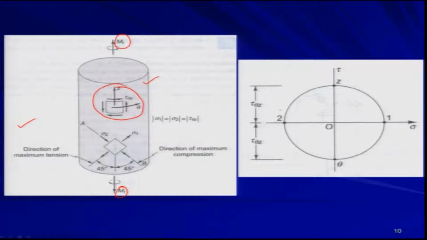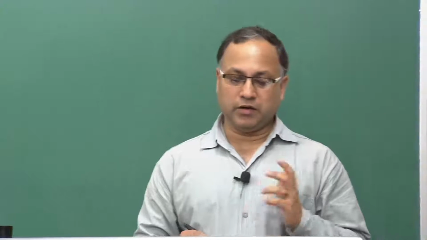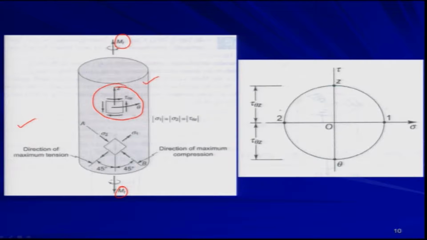There is no other stress component on this element, only tau theta z is acting on the z plane as well as on the theta plane. There is no normal stress acting on these planes.